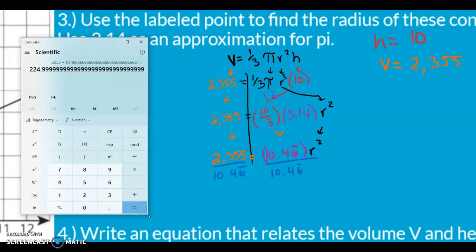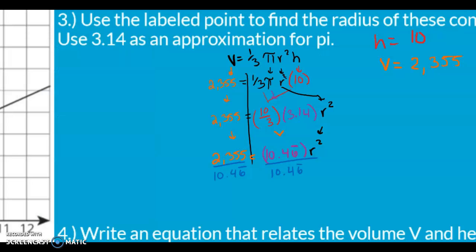I'm going to get 224.999. I'm actually going to round this one up. So I got 249.99 repeating. I'm actually going to round this up because I want a nice clean number when I square root. So this is actually going to be turned into 250.